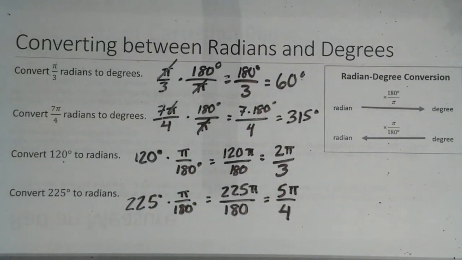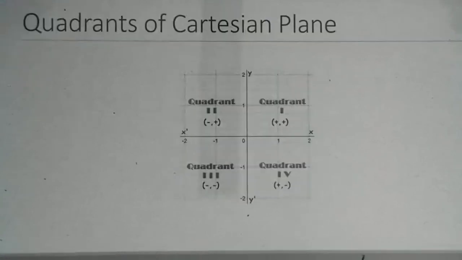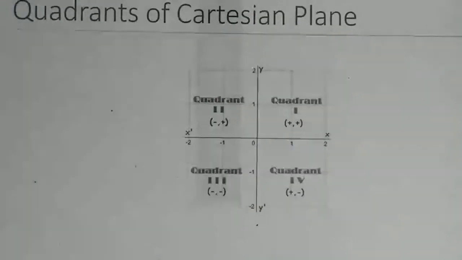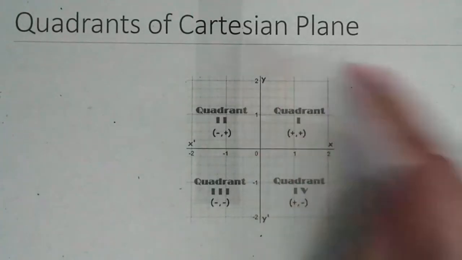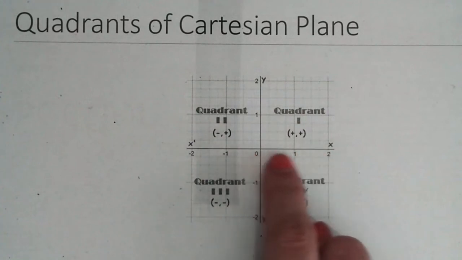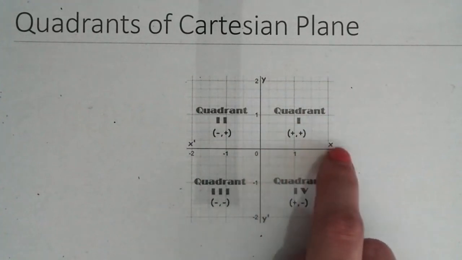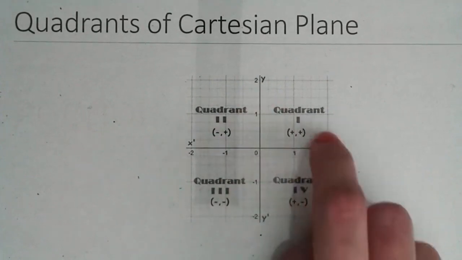Now, something you've probably looked at before are the quadrants of the Cartesian plane. We're going to be using these pretty thoroughly, so you need to be confident in the signs on your x and your y terms. So we say that the upper right-hand corner is quadrant 1 because most of the time we are going to start with the positive x-axis as the side that we start on, and we're going to rotate from there.